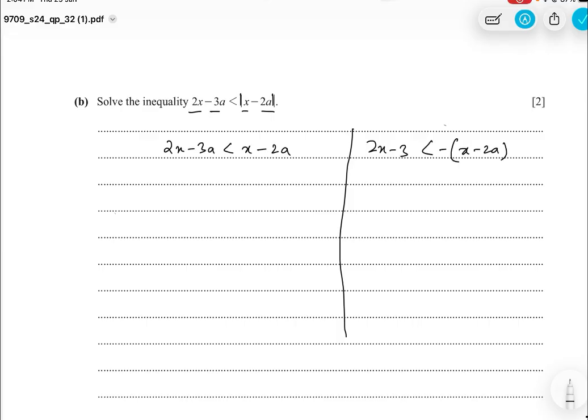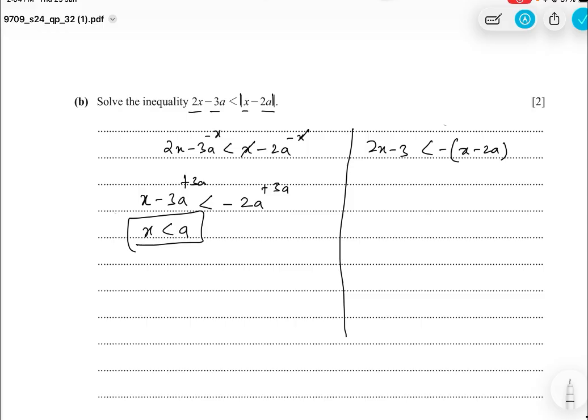This is what we do when we remove the modulus sign. Yes or no? Put the positive value and the negative value. Now, I will subtract x from both sides, so it will become 2x minus x is x minus 3a less than negative 2a. Then add 3a to both sides. It will become x is less than a.